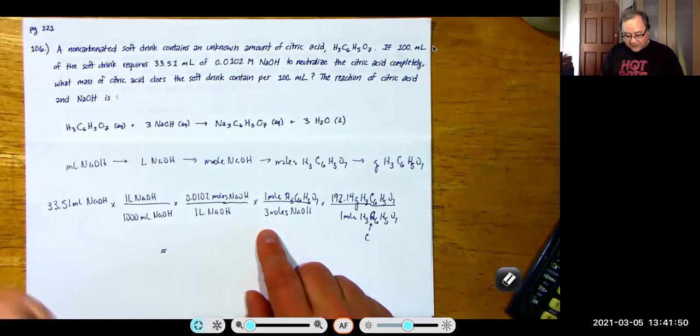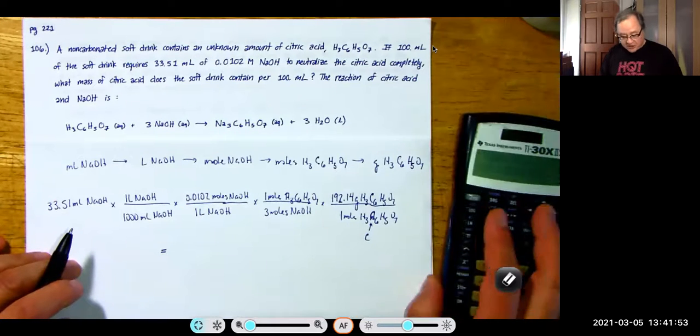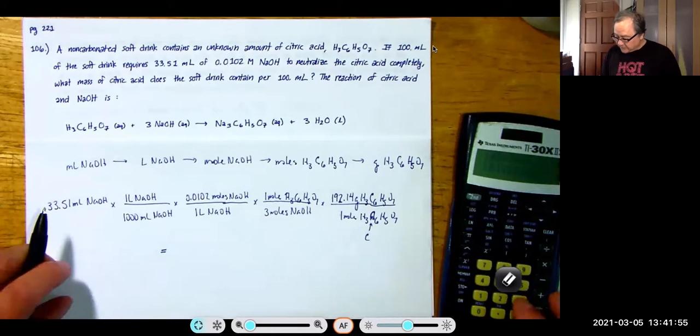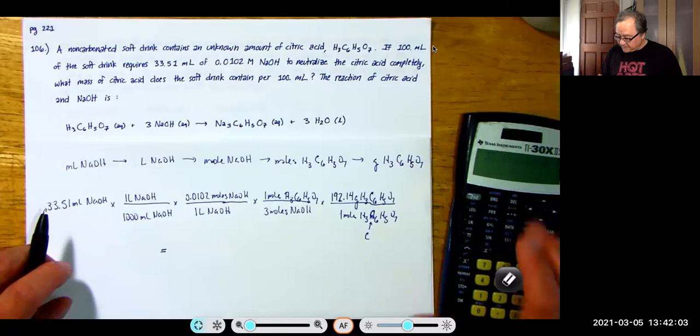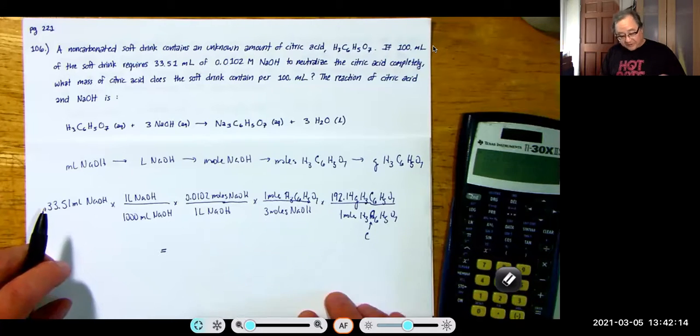So the answer is 0.02 grams-ish. Let's see what we get. 33.51 times 0.0102 times 192.14 divided by 1,000, and then also divided by 3. And we get 0.02.